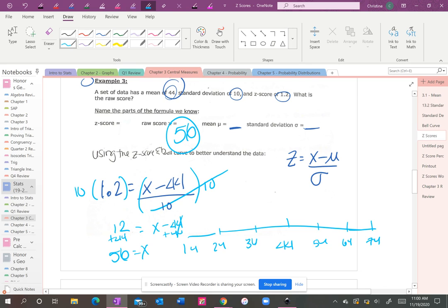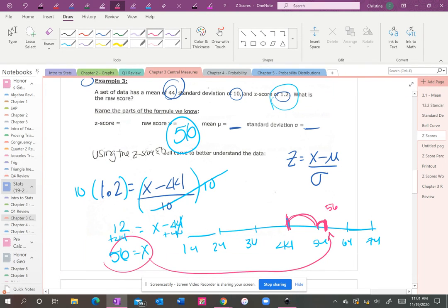The z-score is 1.2, so it means you jumped from the average 1.2, so a little bit more than 1, which puts you here. Is 56 here? Yes. So you jumped 1 and a little bit more, which makes sense because 56 is a little bit more than 54.